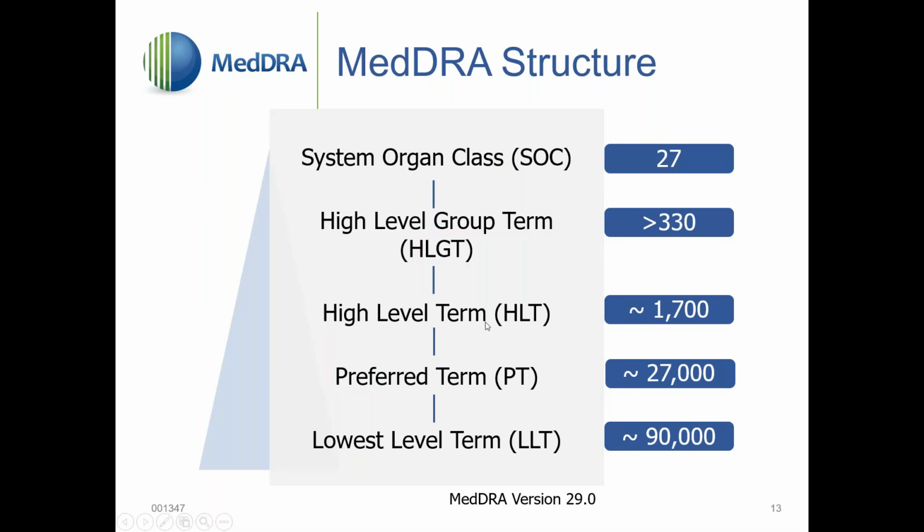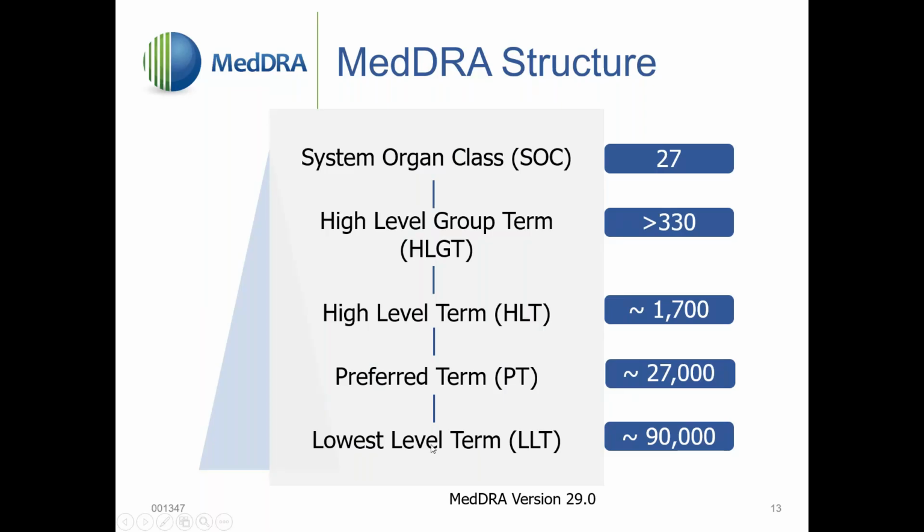Under the HLTs, you will find the preferred terms, or PTs, representing the medical concept level. The PT level is used for data retrieval, for data presentation, and for data analysis. And the PTs then group the lowest level terms, or LLTs, that are used for data entry and operational coding.